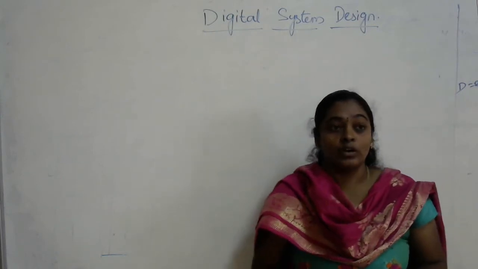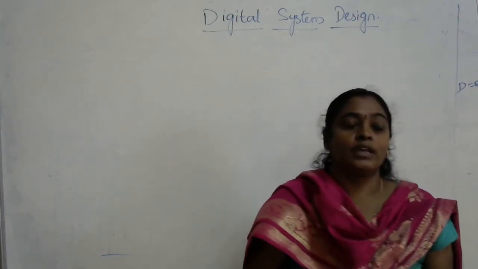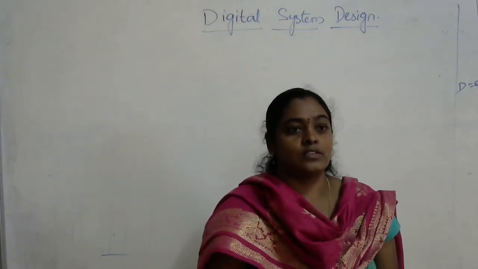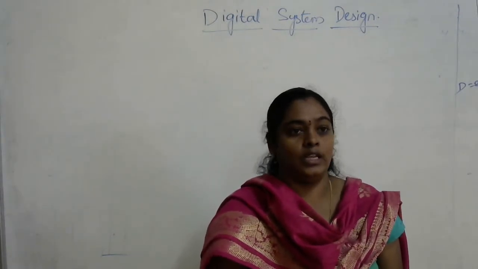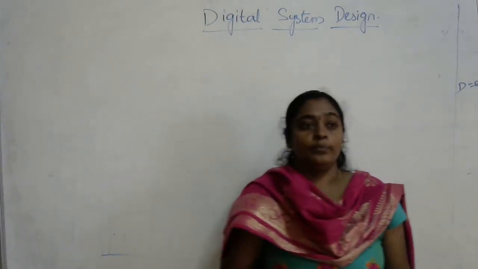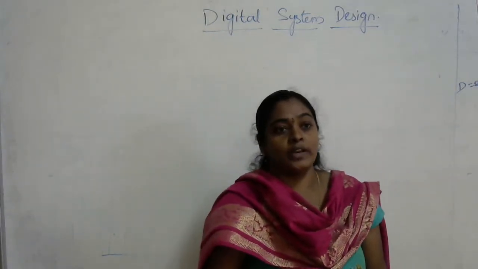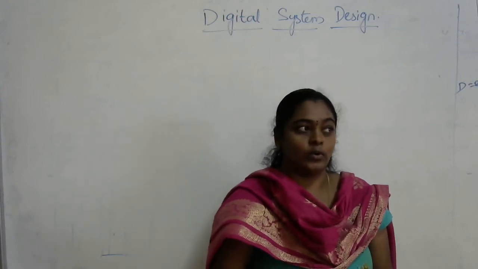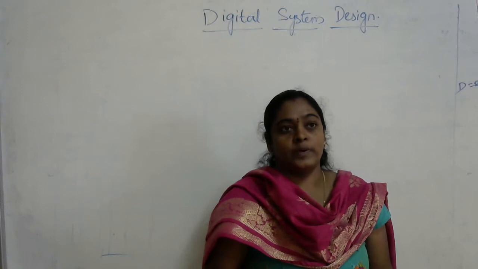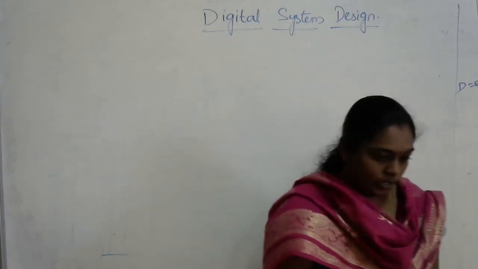That is, if we want to expand the size of a decoder, we'll be using enable pins. So in this session, let us see how to perform the cascading operation of a decoder circuit and how to implement a boolean expression by using a decoder circuit.